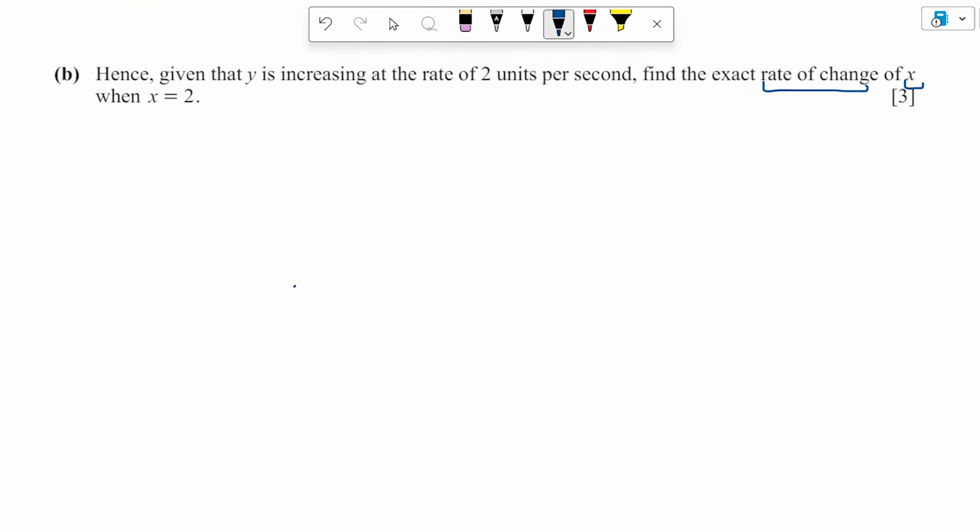The question is telling us that y is increasing at a rate of 2 units per second. So dy over dt, t being time, is equal to 2.